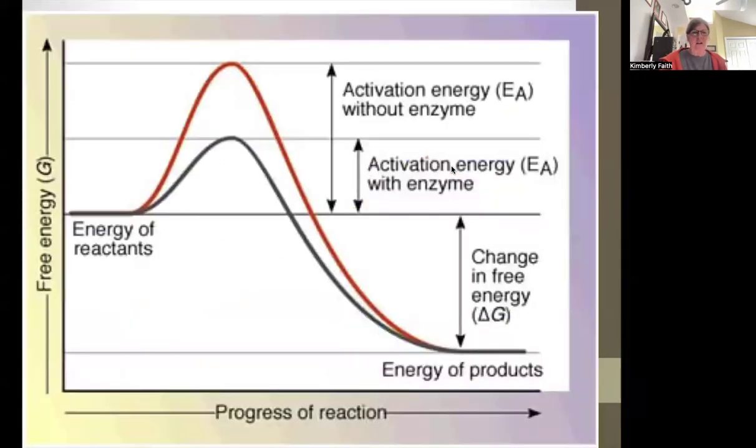So we can see here a graph indicating the red line is the amount of energy you're going to have to put in without an enzyme. And then the black line is with an enzyme. And you can see that activation energy hill is so much smaller. So this reaction will proceed forward faster.